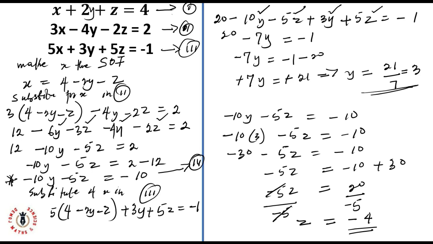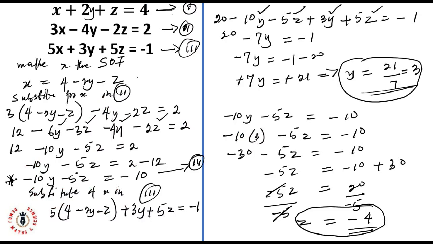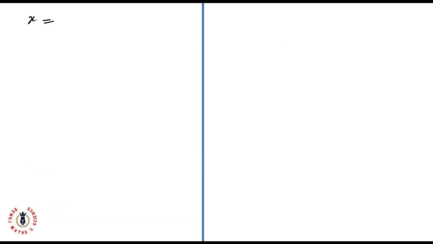Now, we have established that y is the same thing as 3, and also that z is the same thing as minus 4. Now, we can use our equation for x to deduce the value of x. x in this equation is the same thing as 4 minus 2y minus z.